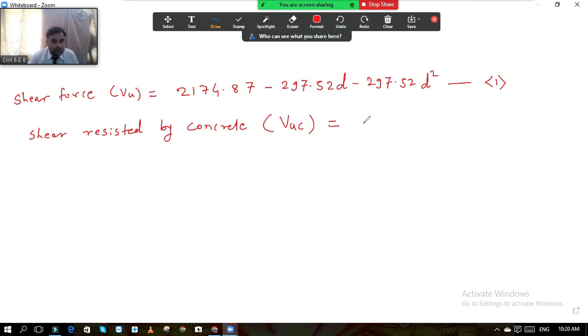It is shear stress into area. The basic formula is stress into area. What is the shear stress in concrete? The permissible shear stress in concrete is tau c. And the area is B into D, the area of the cross section we considered.